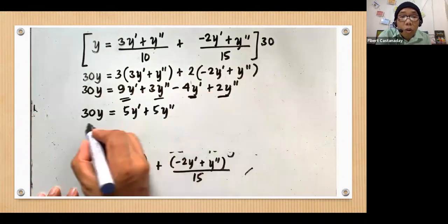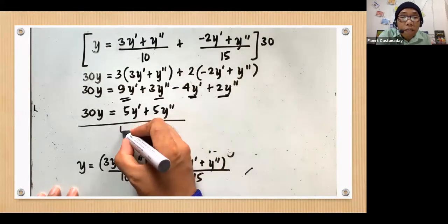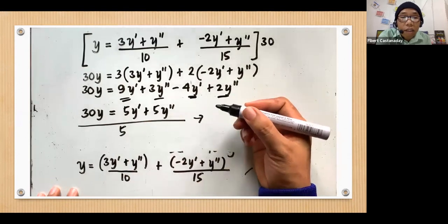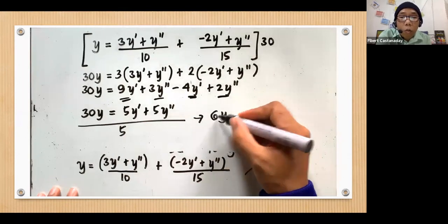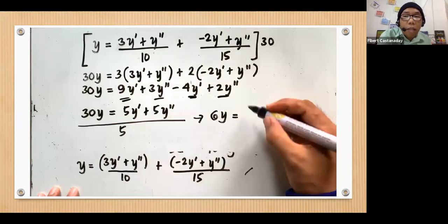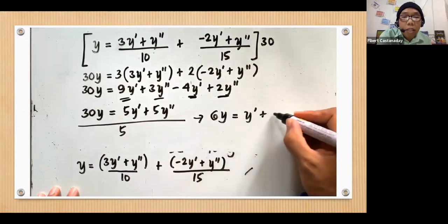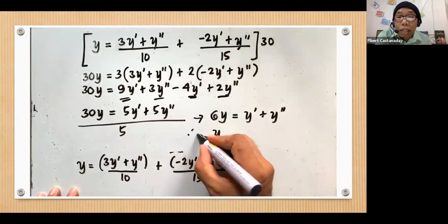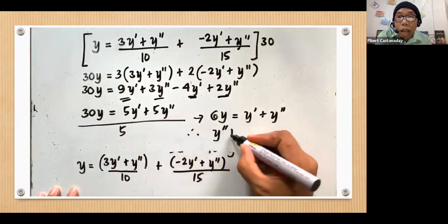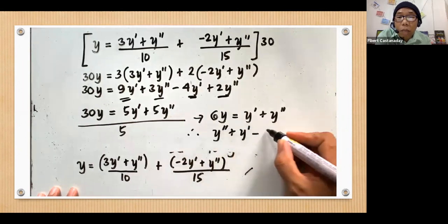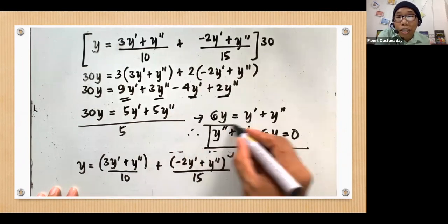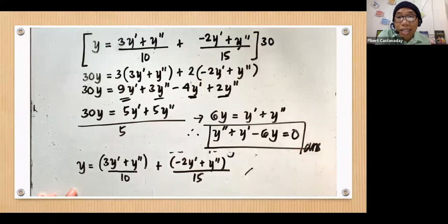Now since may common factor sa kanila, divide both sides by 5 to simplify the equation. 30 divided by 5 gives us 6y equals, and the 5 cancels, so y prime plus y double prime. Okay, so this is our final answer. We can rewrite this according to the highest derivative: y double prime plus y prime minus 6y equals 0. It's a second order differential equation, linear siya, right?